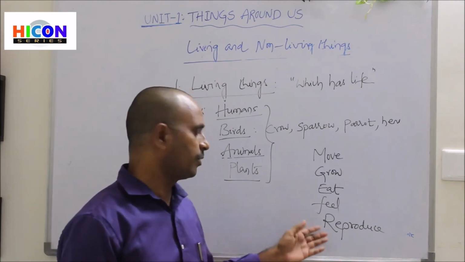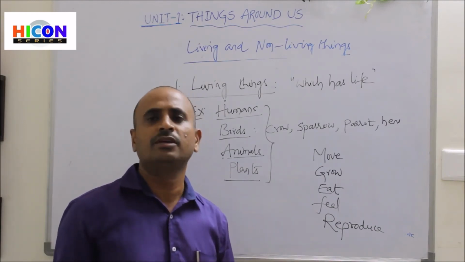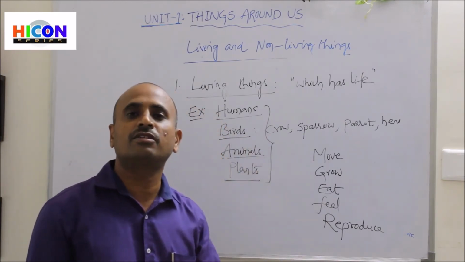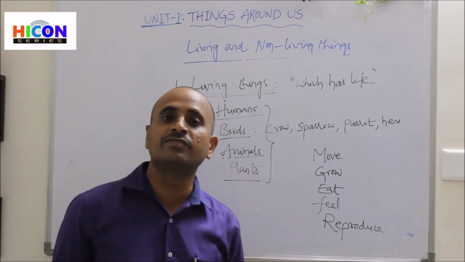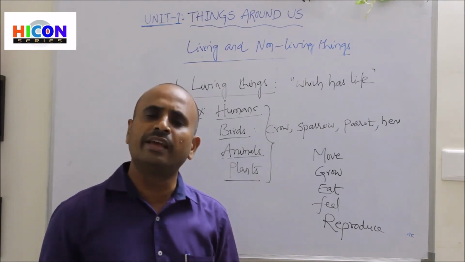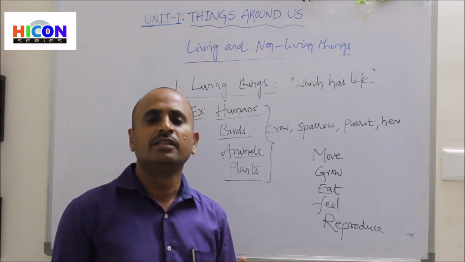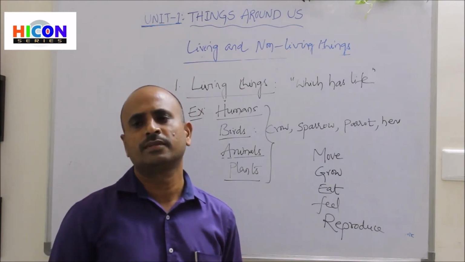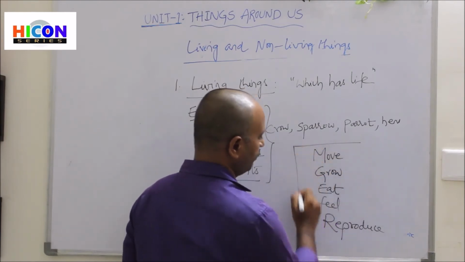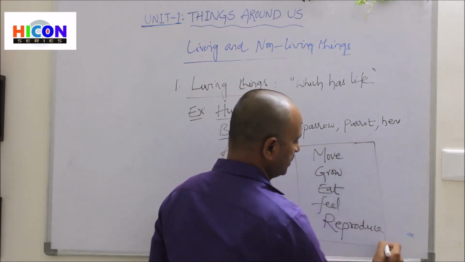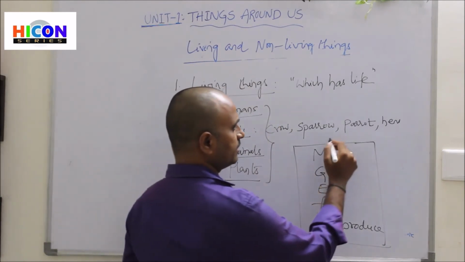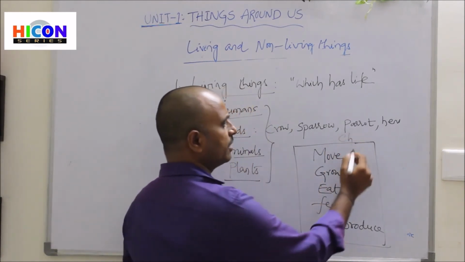If there is no reproduction, living things would not exist on this earth, and their race would become extinct. So to continue their race on the earth, they have to reproduce. These are the characteristics of living things.